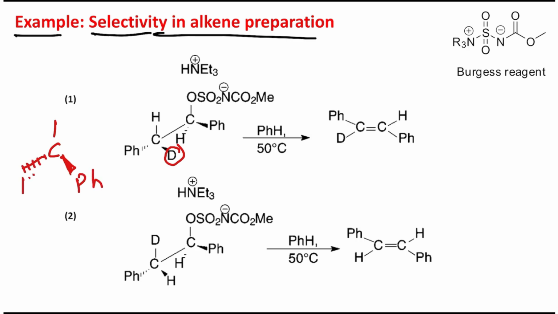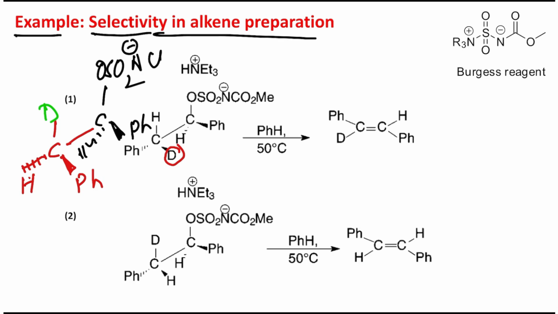So this is the hydrogen and above is deuterium, and the rest, the below part, is almost the same. So you can expect that this top side is Ph, bottom is hydrogen, and above is OSO2, this is N minus CO2Me.